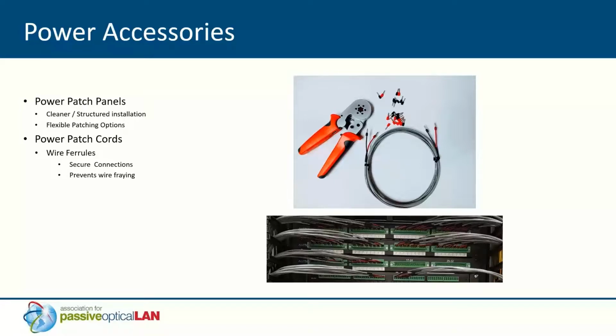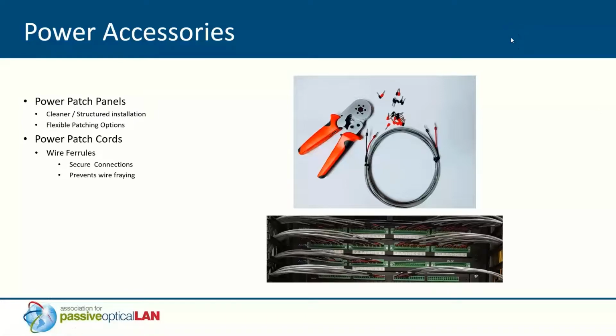And I want to talk a little bit about power accessories. These are somewhat new and needed in the industry, I think. The first thing you see down at the bottom is a power patch panel.